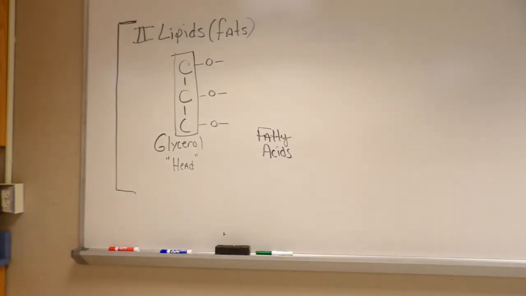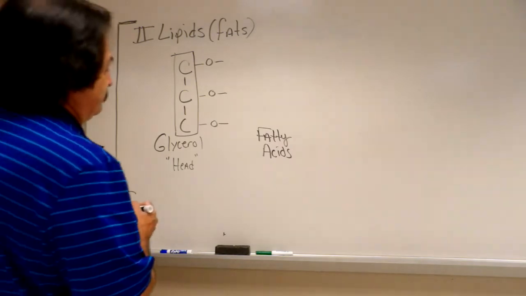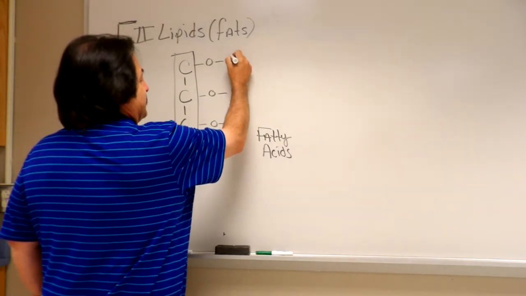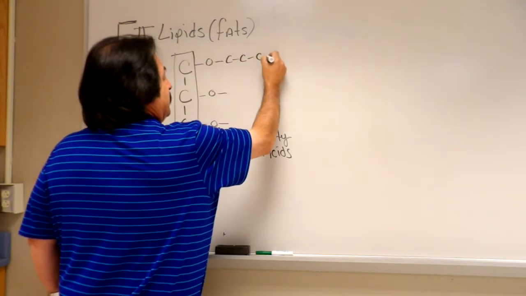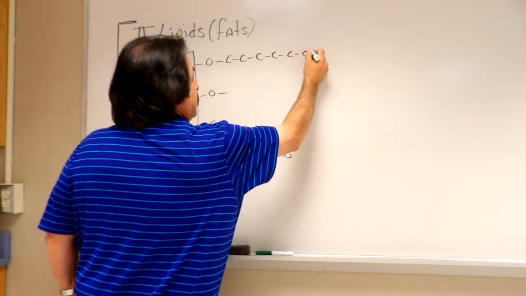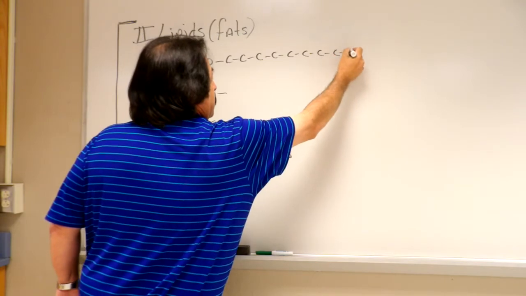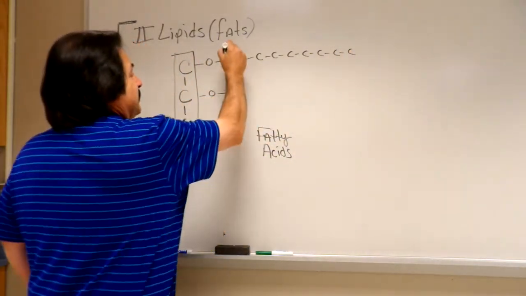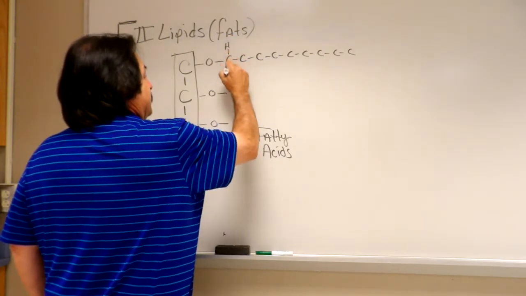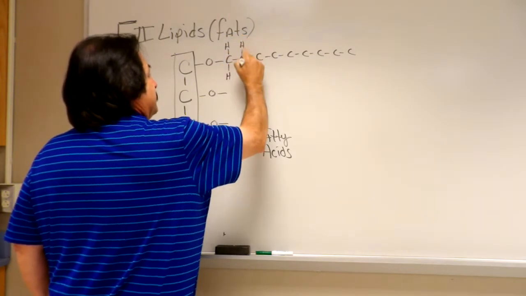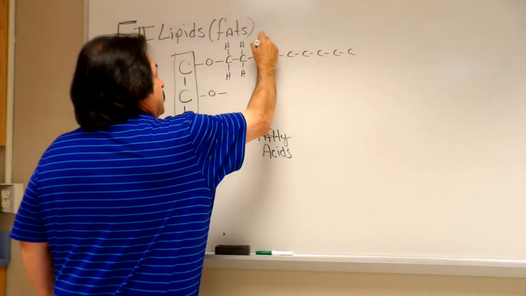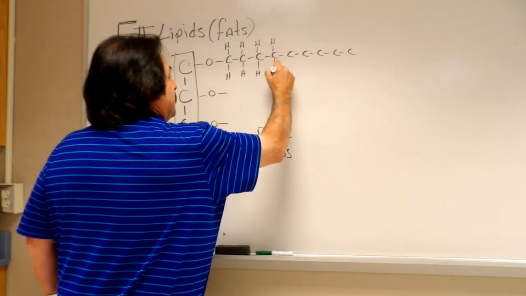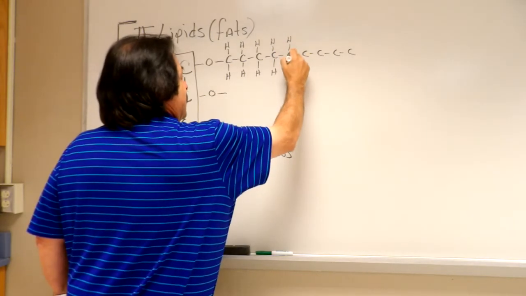Yeah, it's kind of. What's the construction of a fatty acid? Well, it is a long chain of carbons and hydrogens. A long chain of carbons, and now I'm adding hydrogen.